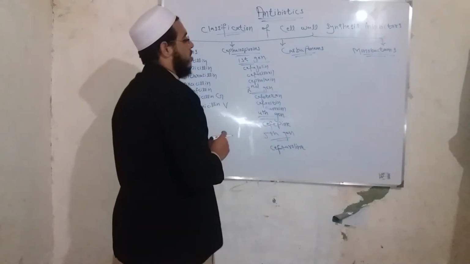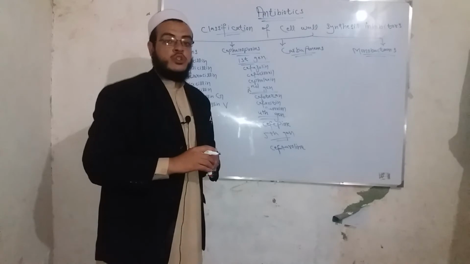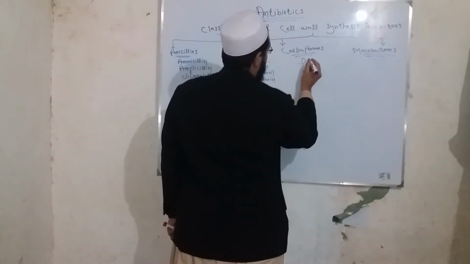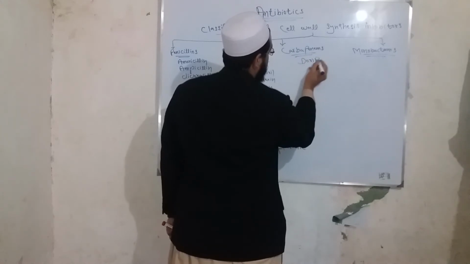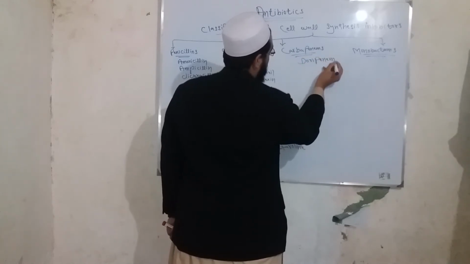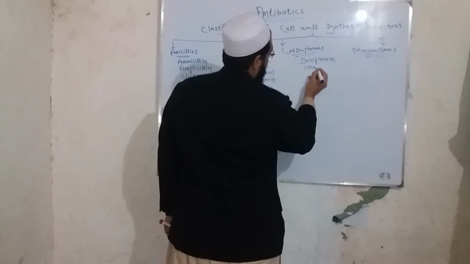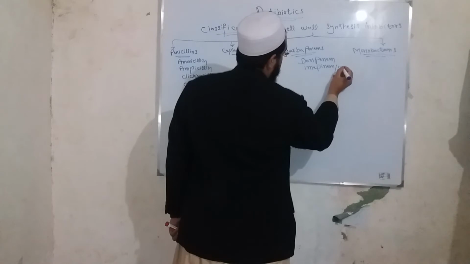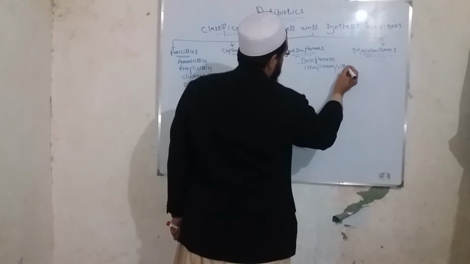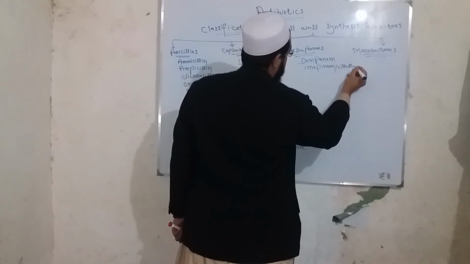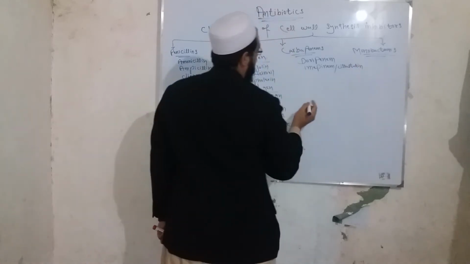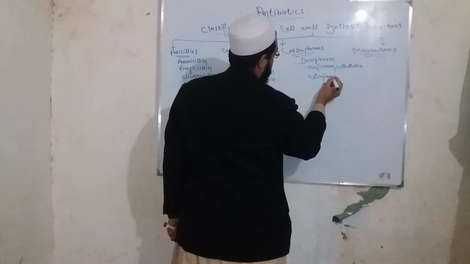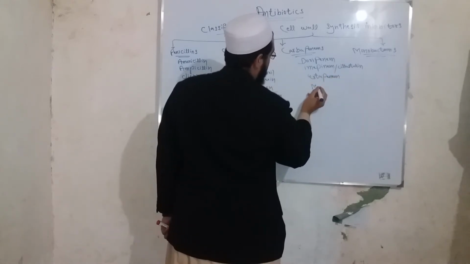Okay, now in carbapenems, which drugs are present? The drugs present in carbapenems are doripenem, imipenem or cilastatin, and ertapenem, meropenem.